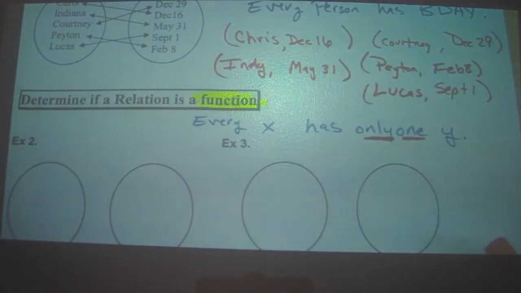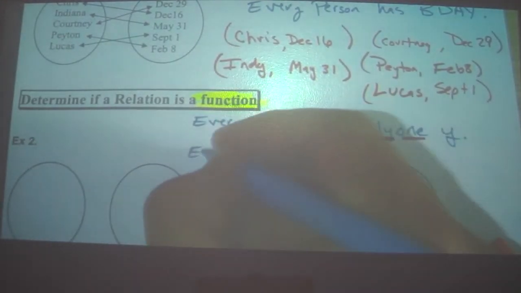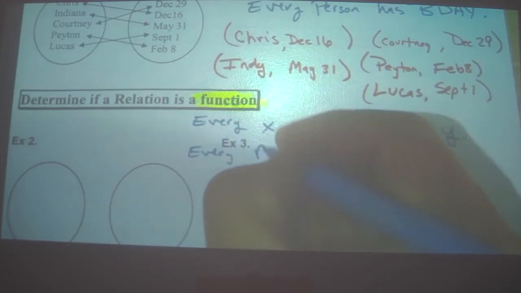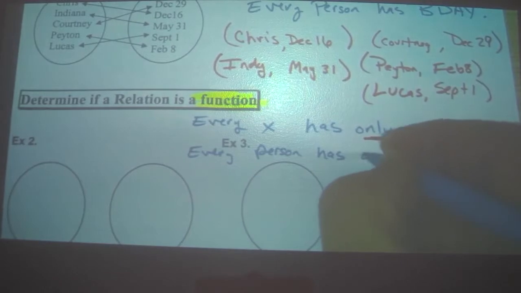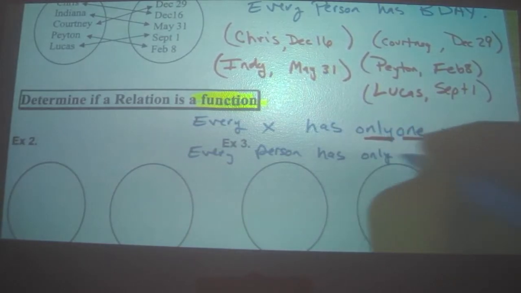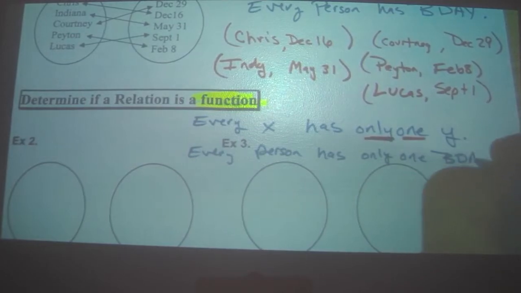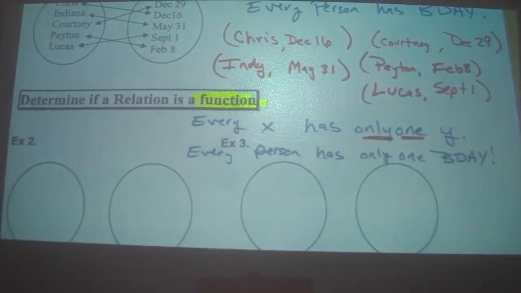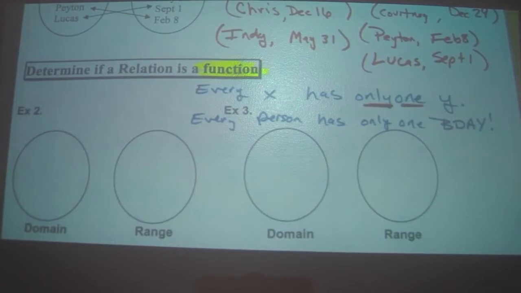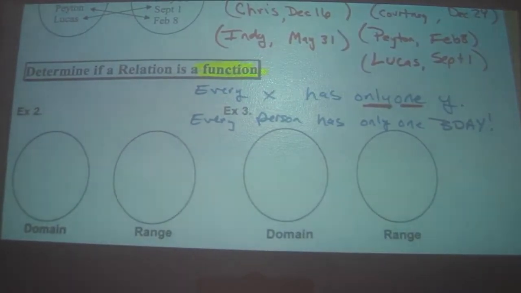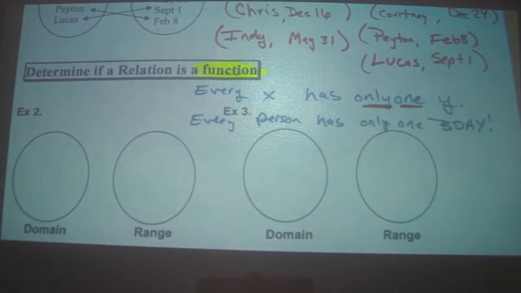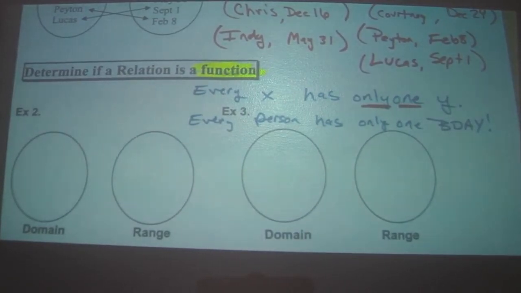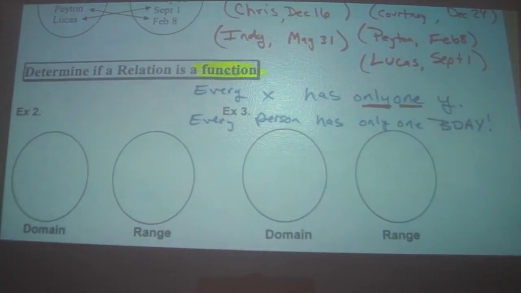Okay, for our example, every person has only one birthday. So normally people only have one birthday. It's crazy to think that somebody would have two. That's just not normal.